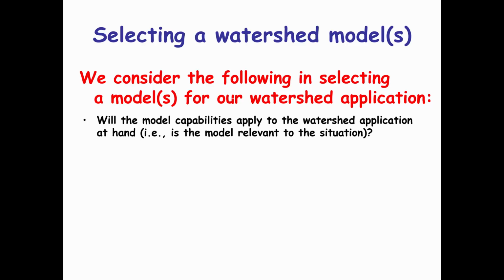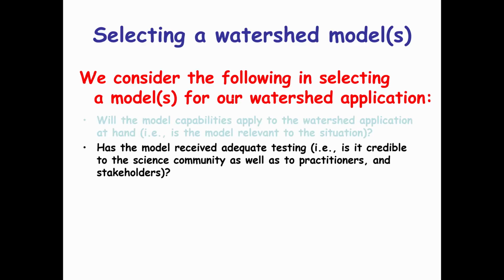And so that would automatically help you to make a selection as to which type of model you're going to want to use. A very important step would be to determine whether a model has received adequate testing. There are many models that have been developed by different individuals or by state agencies, federal agencies, and so forth.